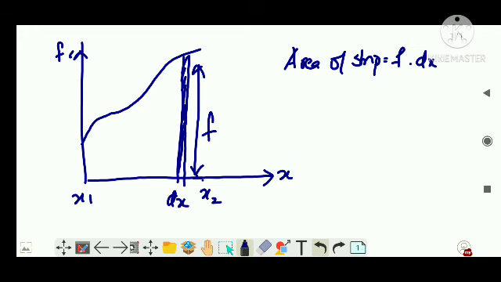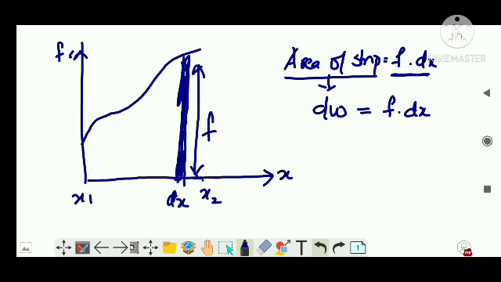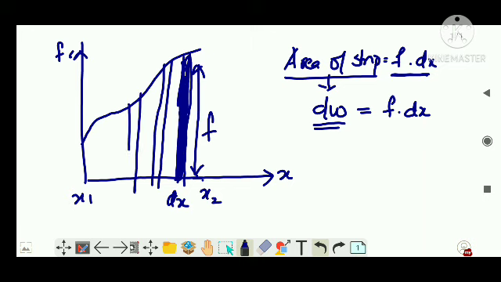That means force into displacement. So I can write this area of the strip gives you a very small amount of work, that is dW. So dW is equal to f dot dx, right? The area of the strip gives you this much area, which you are seeing is f dot dx, and this is work done, right? Similarly, if I consider multiple strips like this, right?